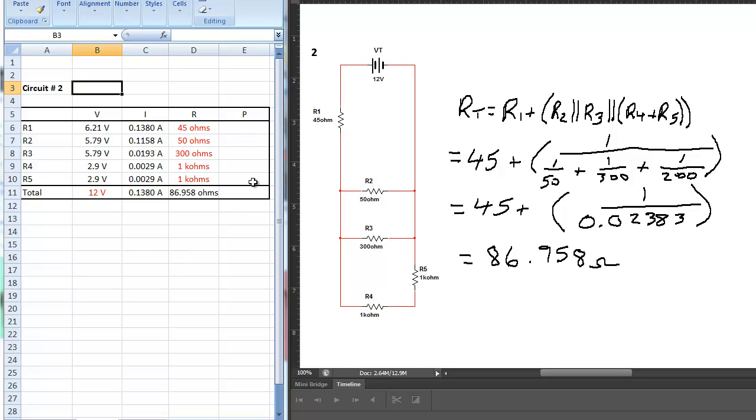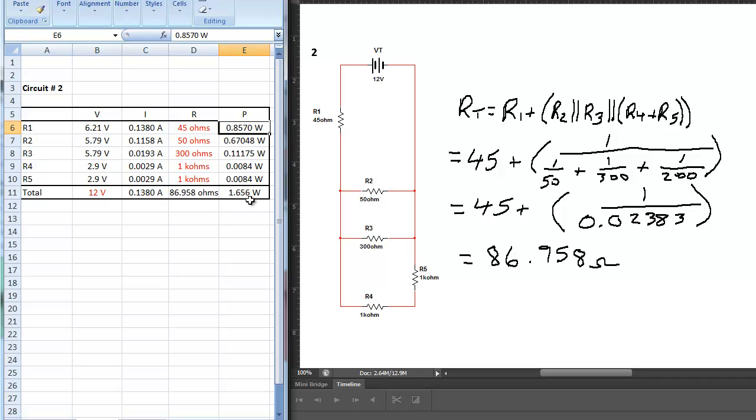So from here we just move to our power calculations. V1 times I1 equals P1, etc. Following through with that, you did V1 times I1, etc., all the way down.